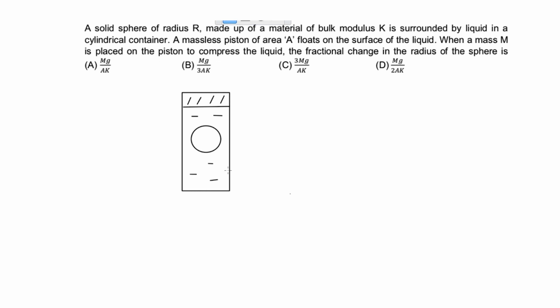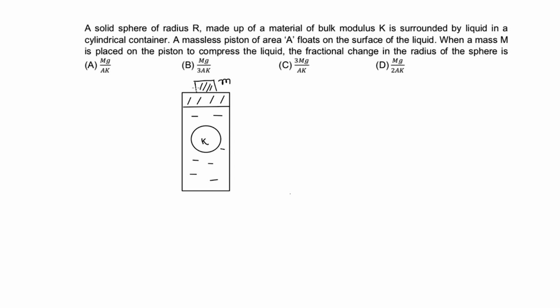It is kept in liquid, and so when we have placed a mass m here, the question is asking what is the fractional change of the radius. The material bulk modulus of this sphere is given as k.